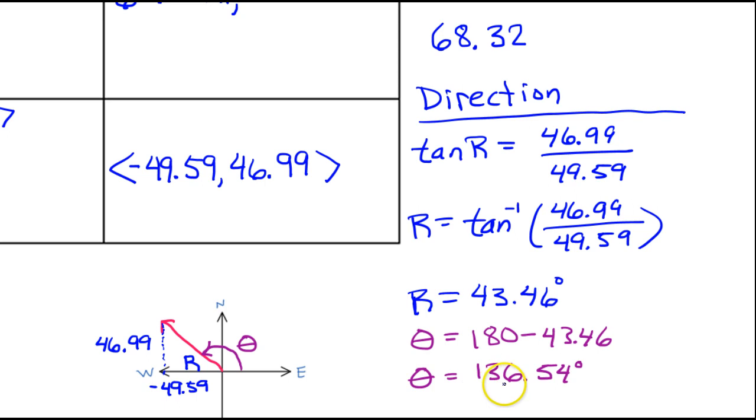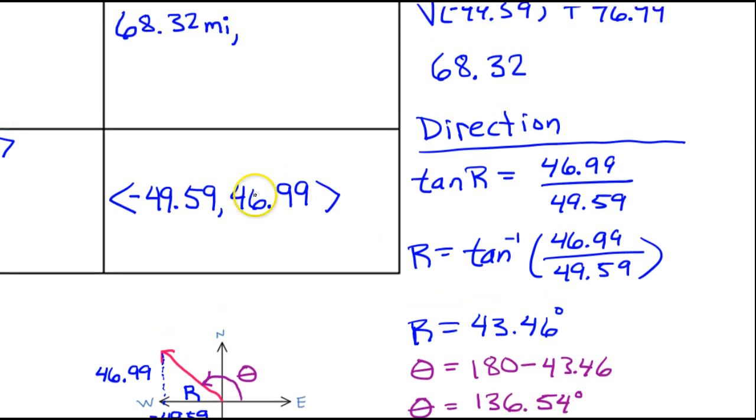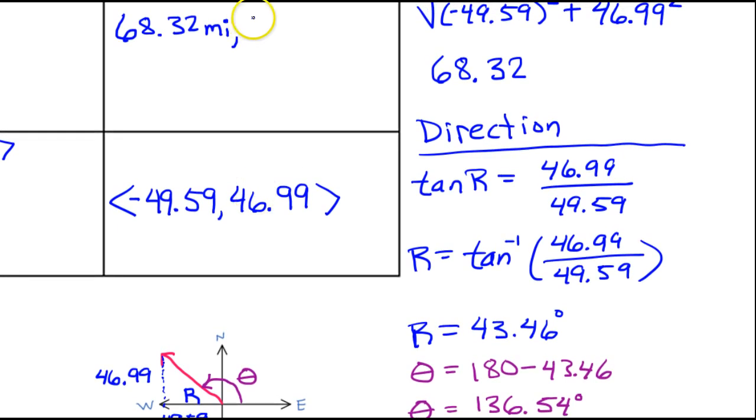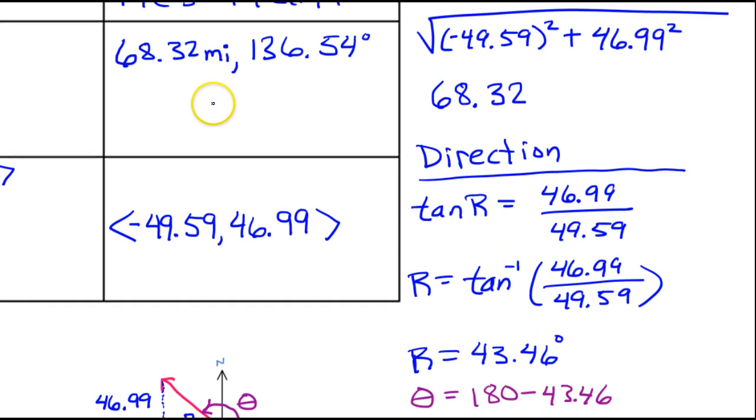So that's 136.54 degrees. That is the direction of the resultant vector. So I record it on the chart, 136.54 degrees. Now this is basically the final answer, but this is not the final answer.